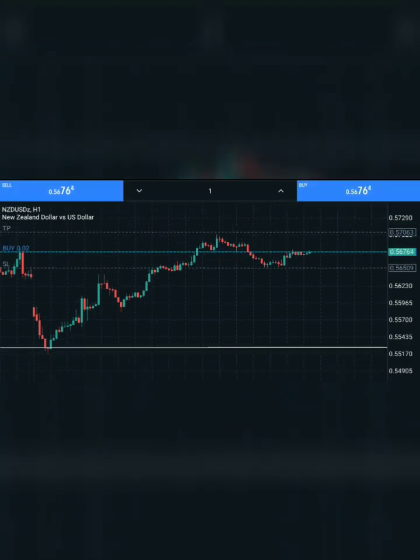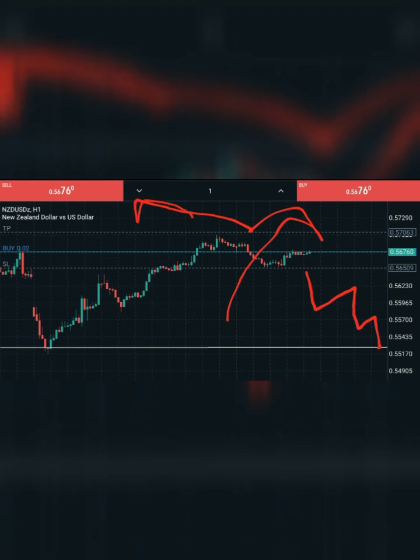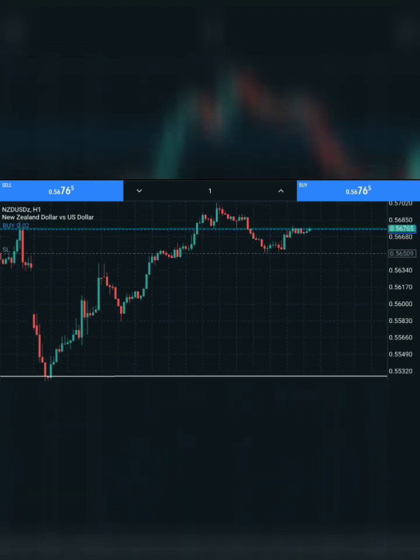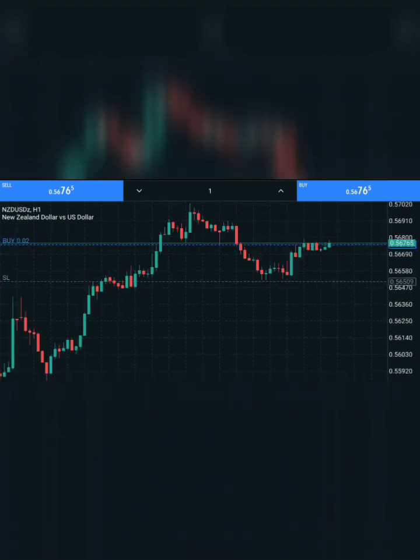That means this market might start turning to lower high, lower low, lower high, lower low, meaning the market has changed from a buy trend to a sell trend, whereby the sellers are now in the market, so you want to be closing the trade. But for now, we are still in good profit.